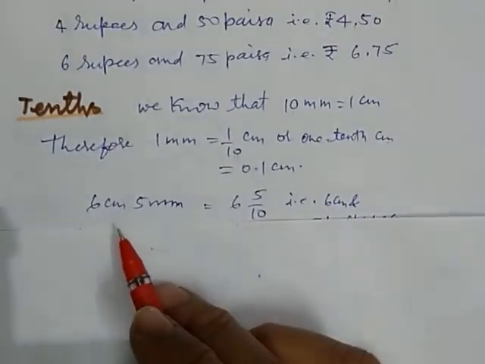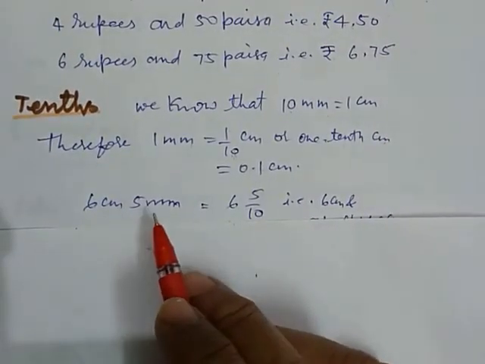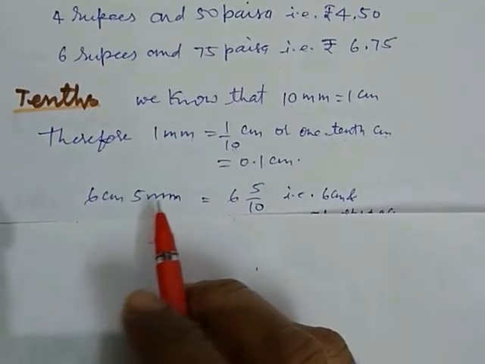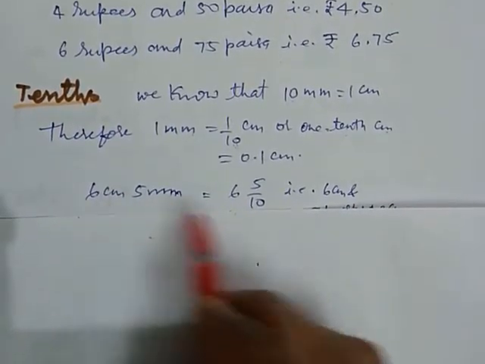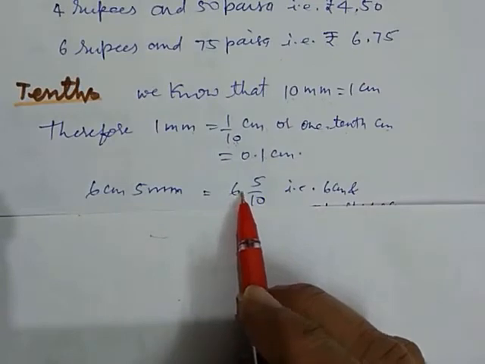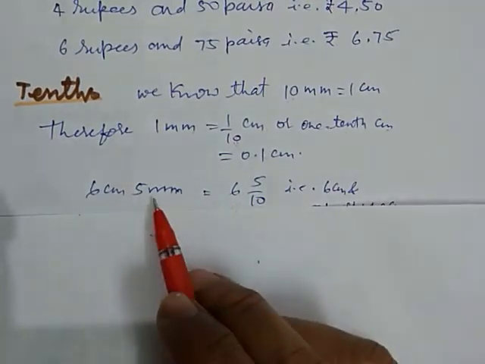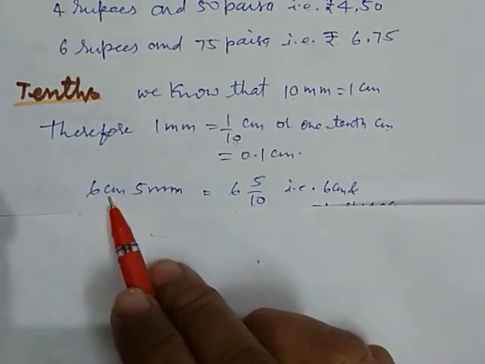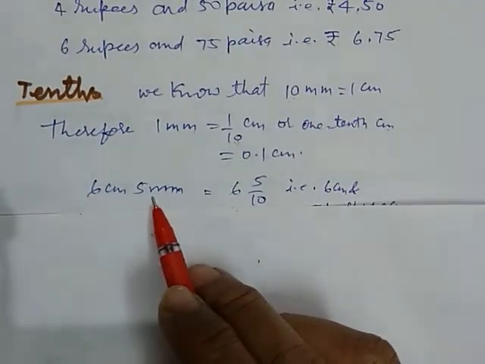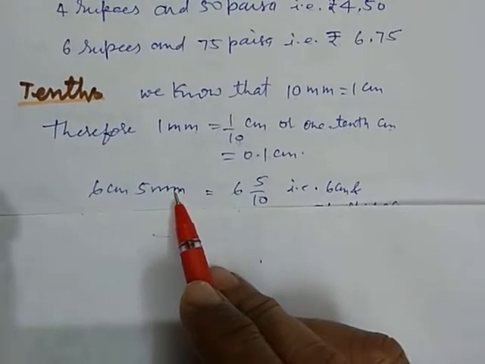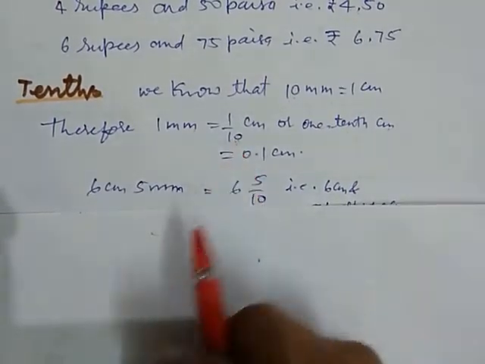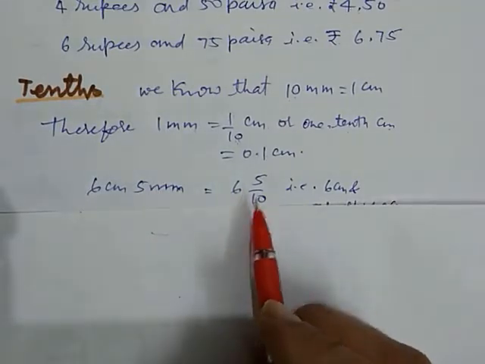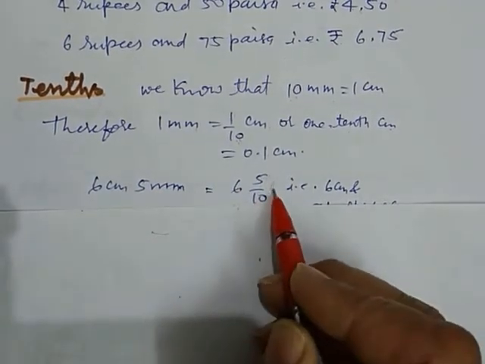Now the example: 6 centimeter 5 mm. We have to express this 6 centimeter and 5 mm. So 6 is the whole number. 5 mm is the quantity which we want to express in centimeter. If we want to convert mm to centimeter, we have to divide by 10. So 6 and 5 by 10 centimeter.